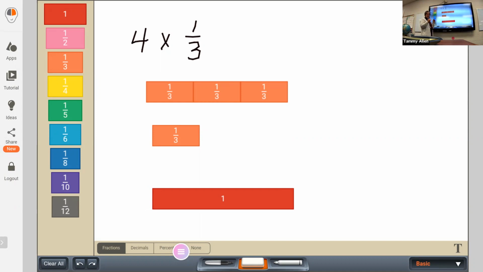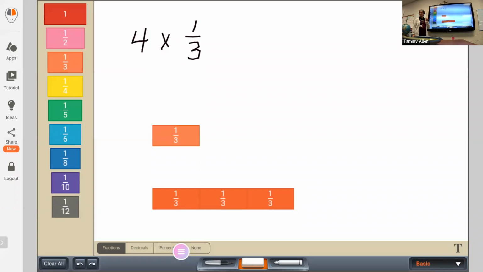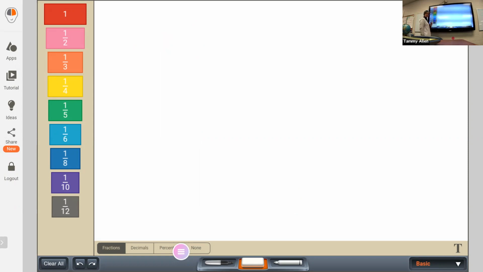But I jumped over that step because I think you understand that 3/3 makes up a whole. So 4 times a third gives us 1 and a third, right? I'm going to clear that one. See, I knew what I was doing, didn't I? And some of you doubted me.